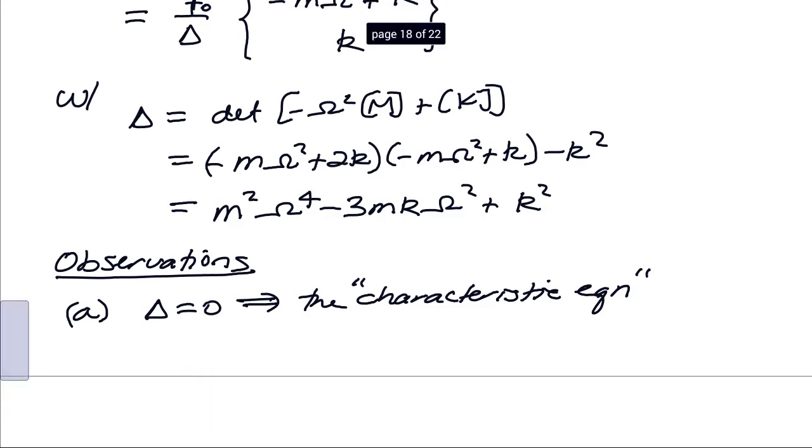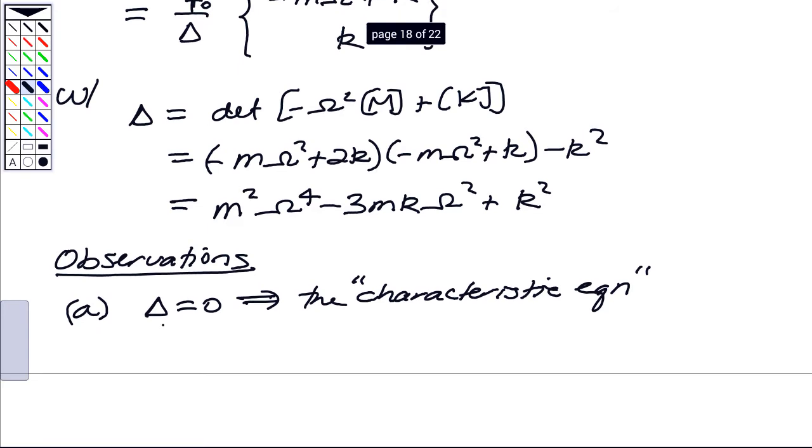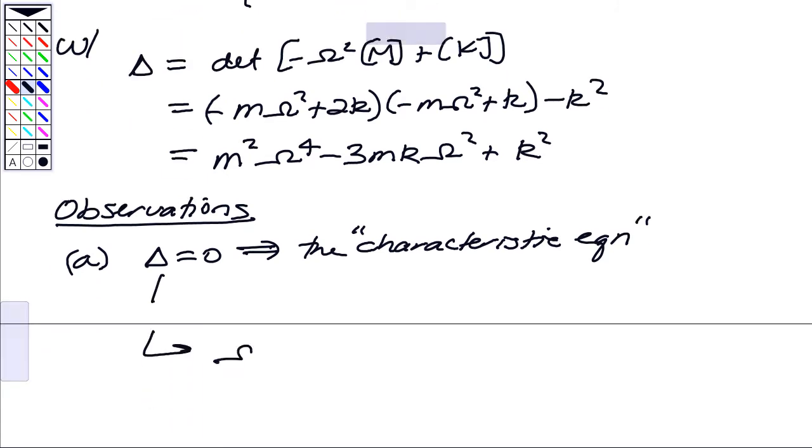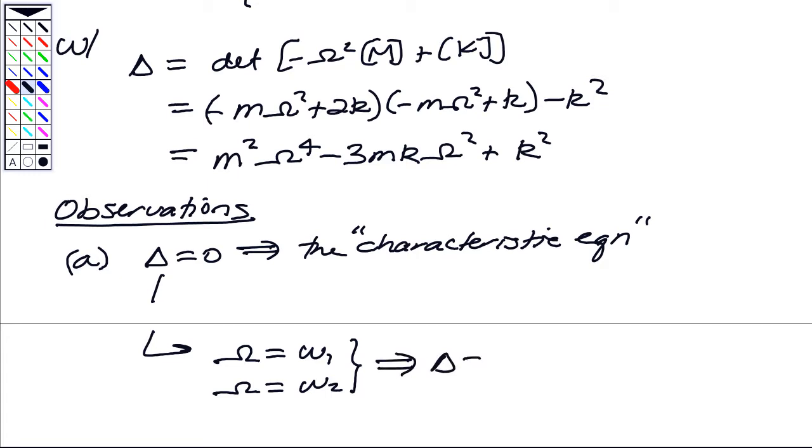So therefore, when omega is equal to the first natural frequency, omega 1, or the second natural frequency, omega 2, one of those two situations produces delta equal to 0, which implies that x1 and x2 are unbounded.